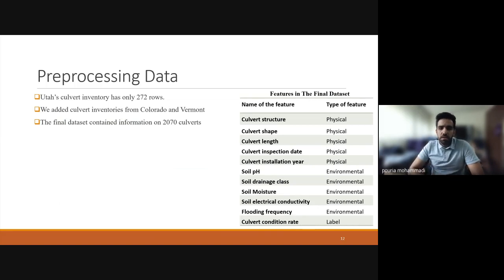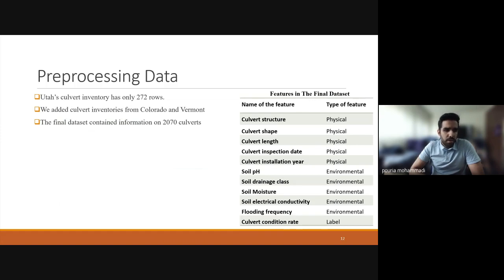In the dataset that we used, there are several features that we consider. I'm going to read the features: culvert structure, culvert shape, culvert length, culvert inspection date, culvert installation year. These are the physical features of the culvert.